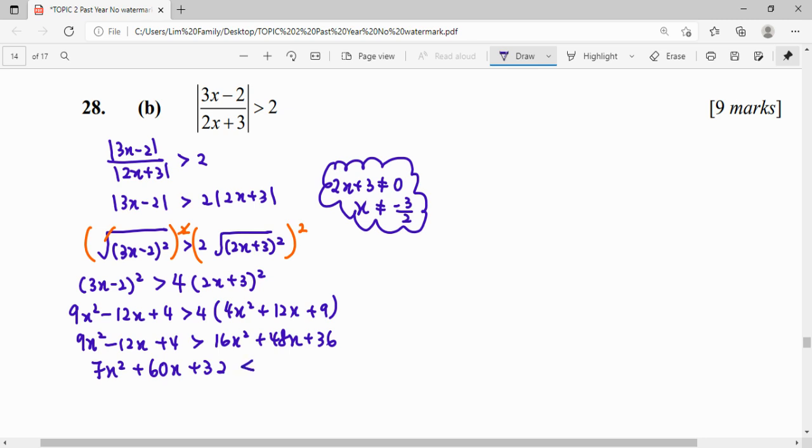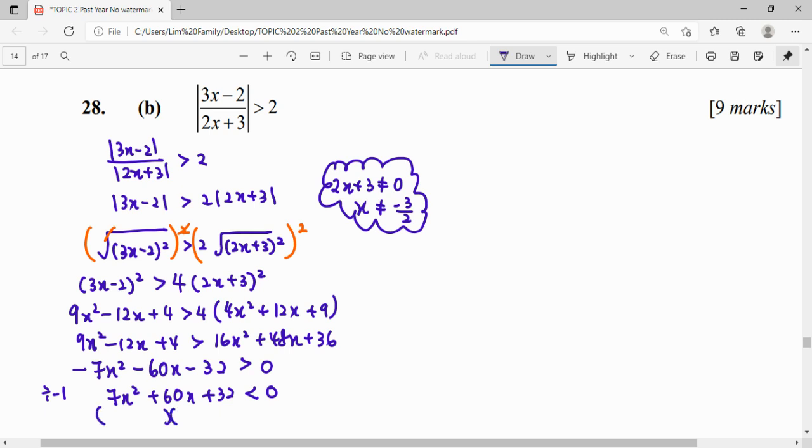So this is less than 0 because I divided it by negative, or not originally is negative 7x squared. Okay, so I want to simplify it. I will divide by negative in order to get a positive quadratic. So I will need to change the sign when I divide by negative.